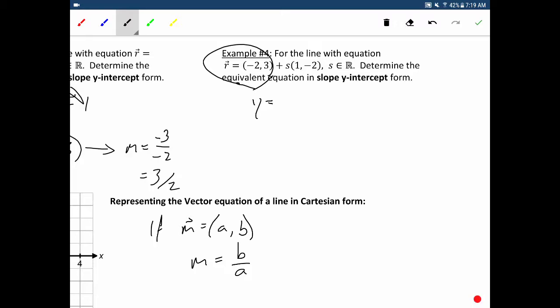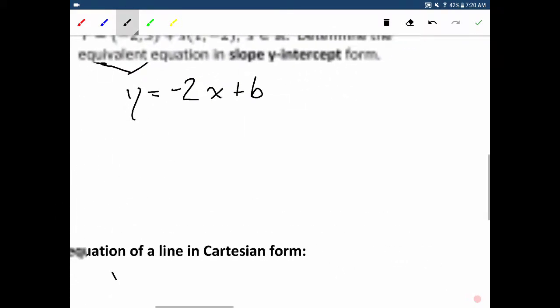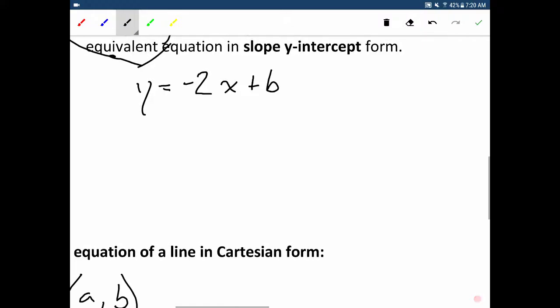Then we use the point it gives us to figure out the rest. So our slope is negative 2 over 1, x, and then plus b. We don't know what b is, but we have a point. So just like way back in grade 9, we can sub in the point.